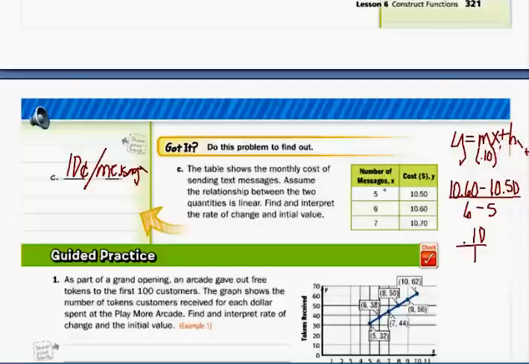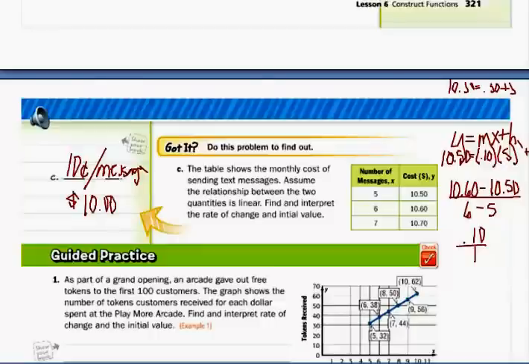My x is my 5 plus b, and that will give me my 10.50. So if I have 10.50 equals 0.10 times 5, that would be 0.50. So 10.50 equals 0.50 plus b, then my initial rate is $10. I'm just going to subtract.